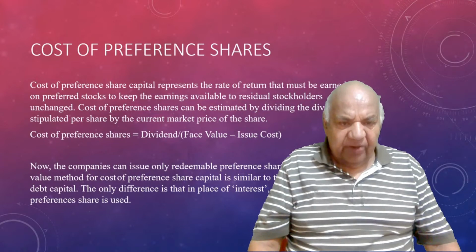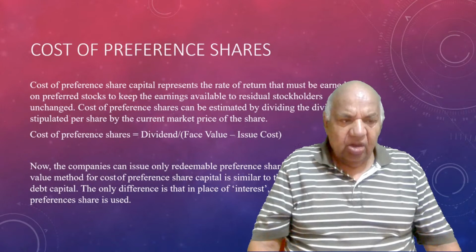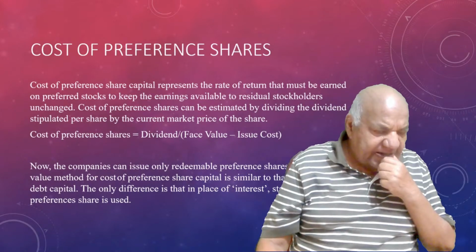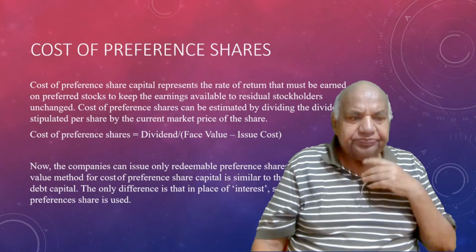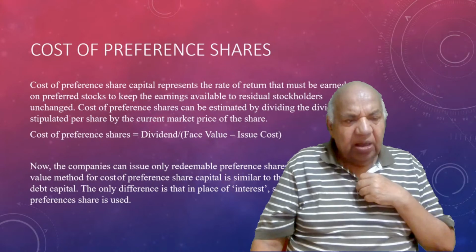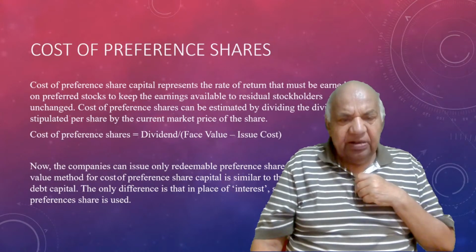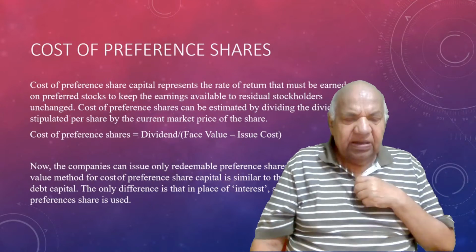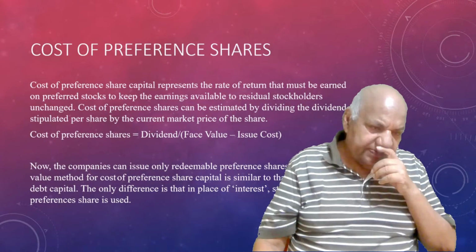Cost of preference shares can be estimated by dividing the dividend stipulated per share by the current price of the share. Or in the form of a formula, cost of preference shares equal to dividend divided by face value minus issue cost.